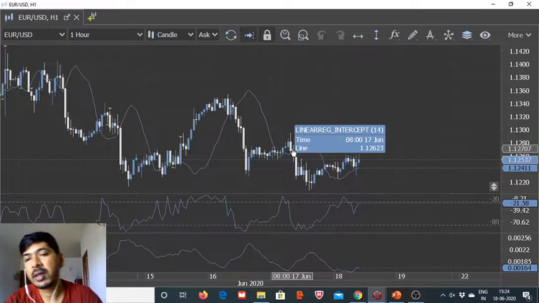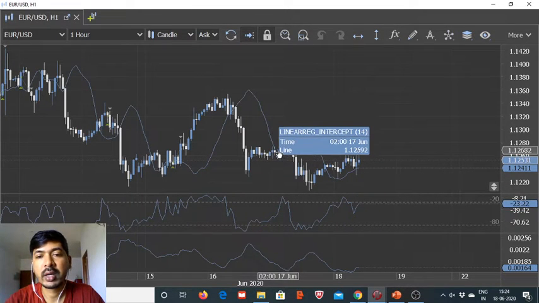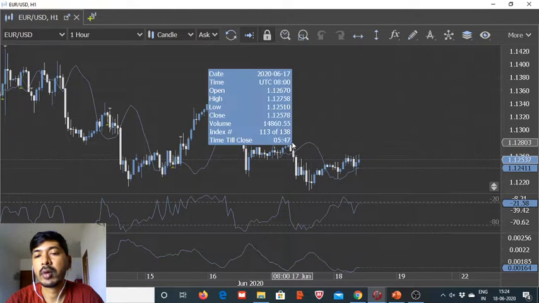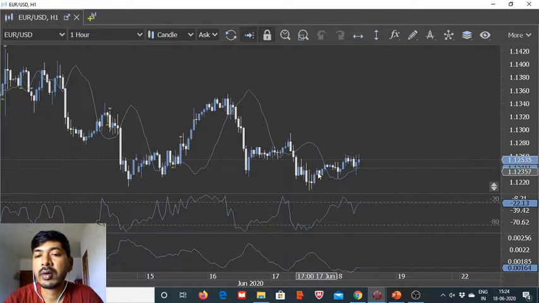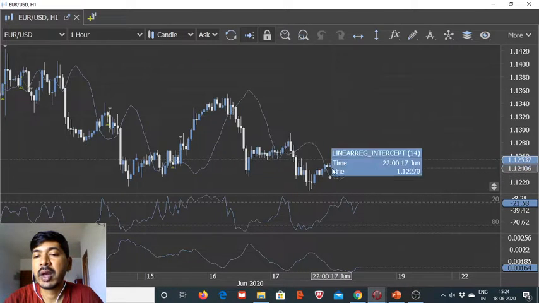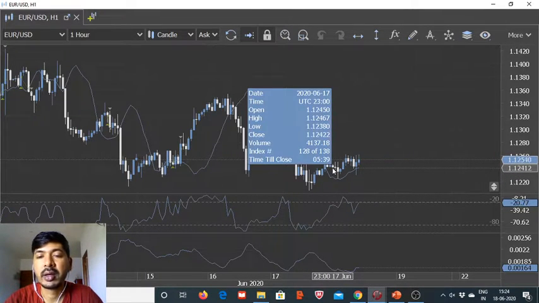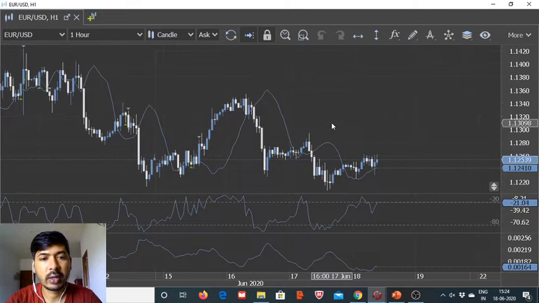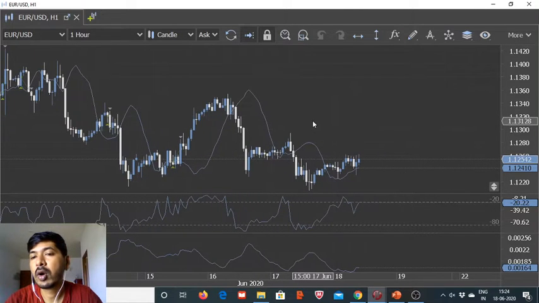And in yesterday's session we were only concerned with the trend change, the crossover from the bullish side to the bearish side, or from the bearish side to the bullish side. And now what we are trying to do is get an element of consolidation as well.